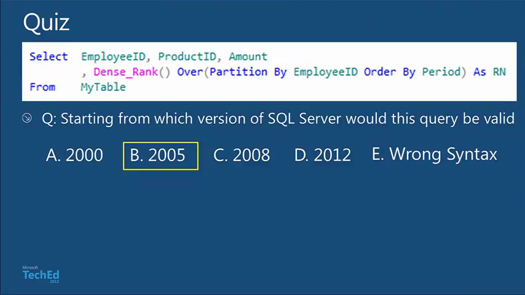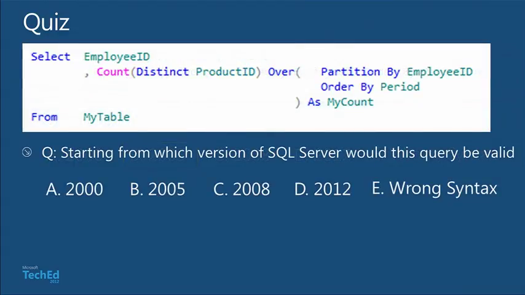Okay? I think you need to be a little bit harder then. So, next question. I have this one. Select the employee ID, count distinct product ID over partition by employee ID order by period from the table. Starting from which version of SQL Server will this query be valid? Who? 12. 8.